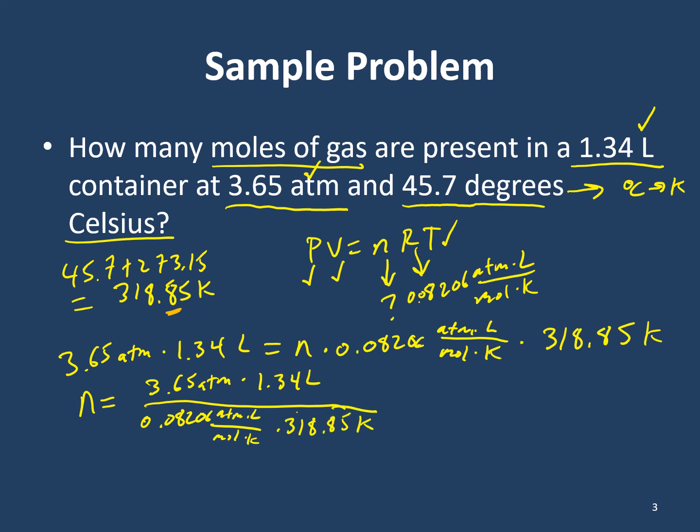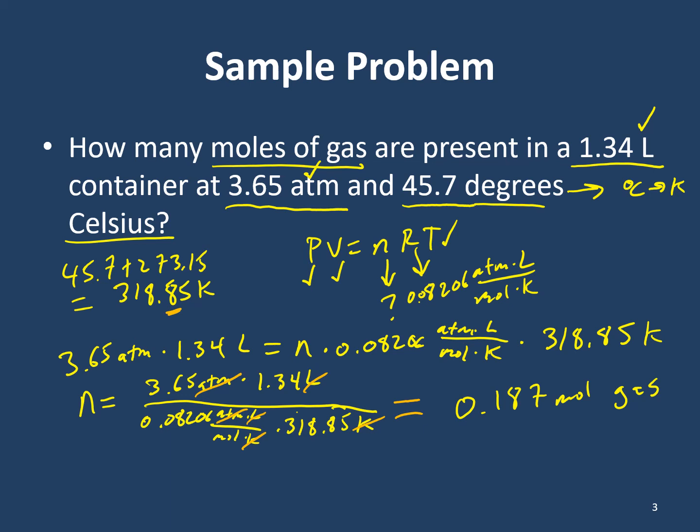If we look at some units here, liters cancel, atmospheres cancel, Kelvin cancels, and we're left with 1 over moles, which is just the same thing as moles. So if we do this calculation out, we're going to get our answer in moles. Our answer should be in 3 sig figs, and what we'll get is 0.187 moles of gas in the container.